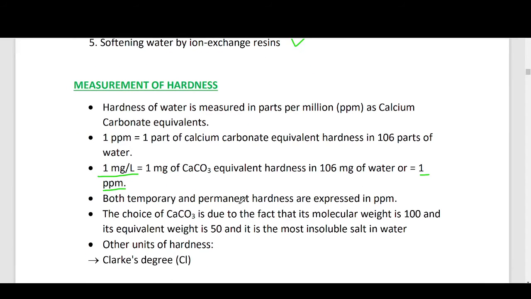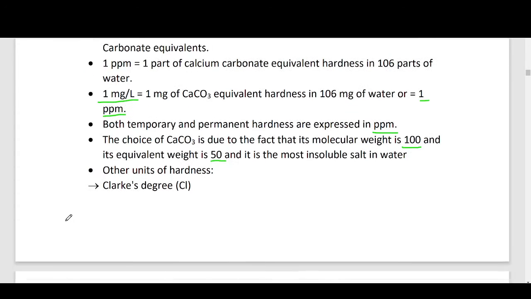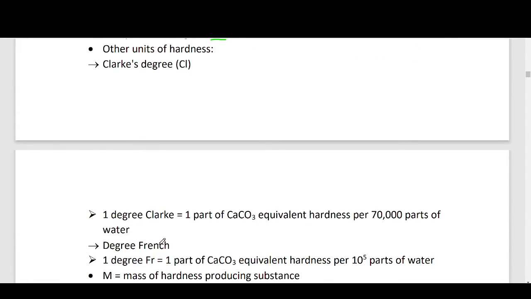Both temporary and permanent hardness are expressed in ppm. The choice of CaCO3 is due to the fact that its molecular weight is 100 and its equivalent weight is 50. It is also the most insoluble salt in water. We also have other units of hardness, mainly Clark's degree. 1 degree Clark is equal to 1 part of CaCO3 equivalent hardness per 70,000 parts of water. Degree French as well: 1 degree French is equal to 1 part of CaCO3 equivalent hardness per 10^5 parts of water.